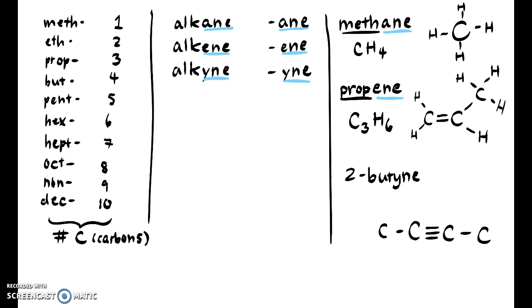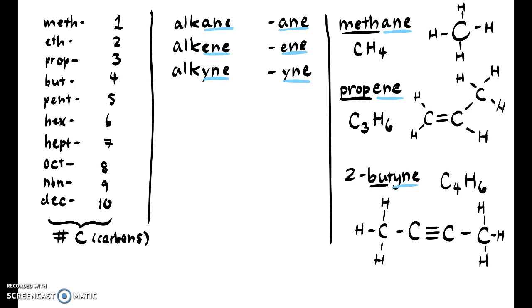The 2 carbons in the middle, the ones involved in the triple bond, already have 4 bonds, so we only have 3 hydrogens on each end of this molecule. So but is our prefix and yne is our suffix. So we find that this chemical formula is C4, since we have 4 carbons, and H6, because we have 6 hydrogens.